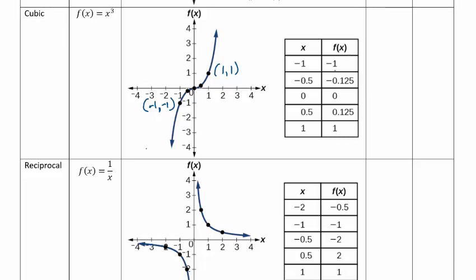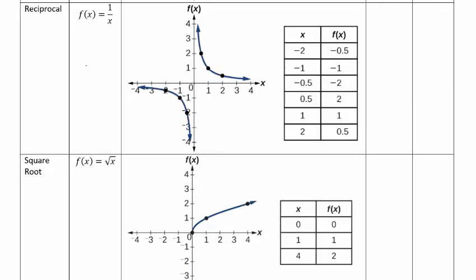Okay, and we can see that the graph spreads to the right and to the left, and therefore the domain consists of all real numbers. And the range, because the graph spreads down and up, the range is the same.